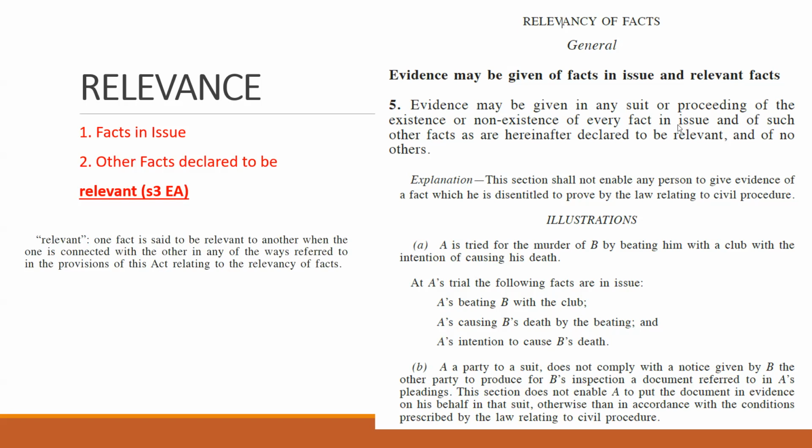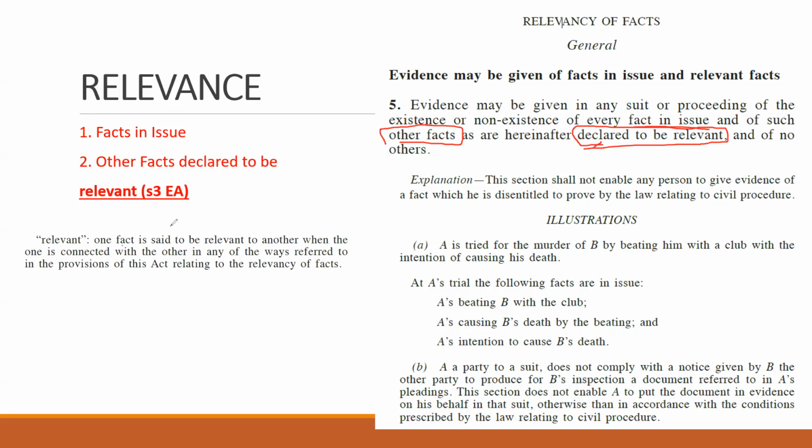So fact in issue. The keyword here is fact in issue. Facts in issue and other facts. The proper words here, if you want to make it simple, is relevant facts, but by right, we must follow the statute.